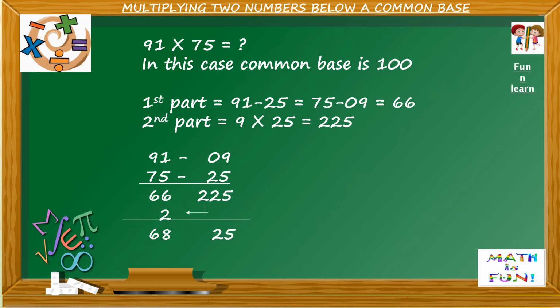So, extra 2 will be added to 66, and 66 plus 2 is equal to 68, which is first new part, and remaining second part is 25 only. Therefore, 91 into 75 is equal to 6825.